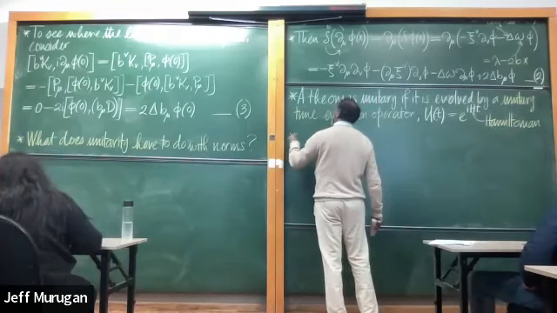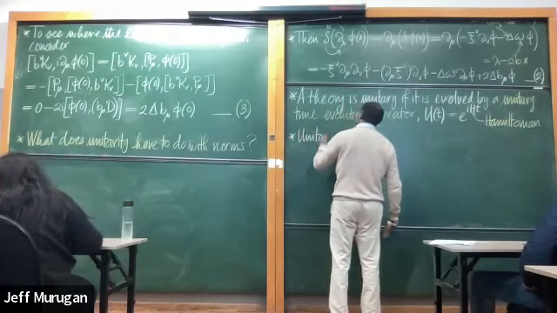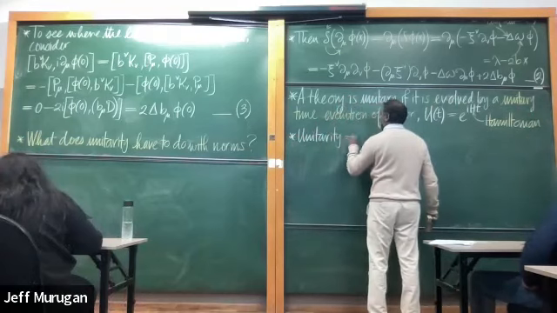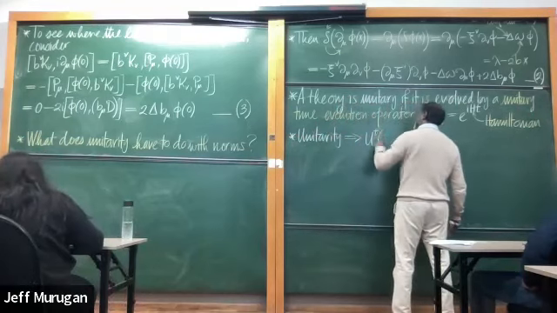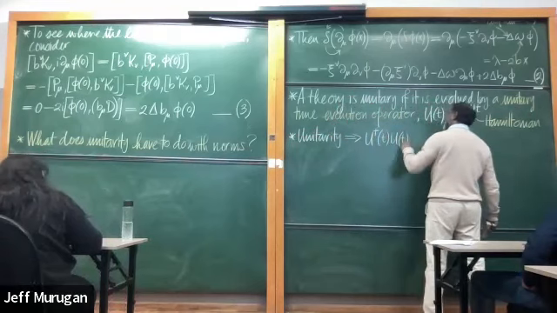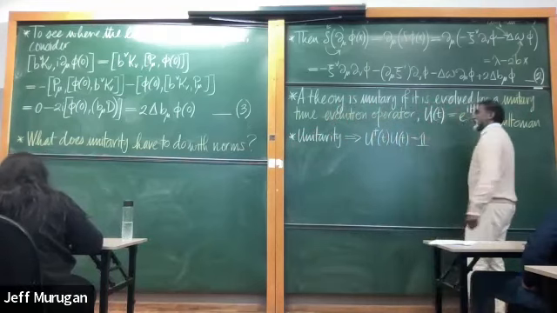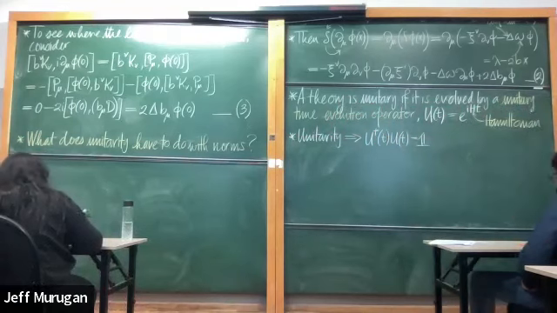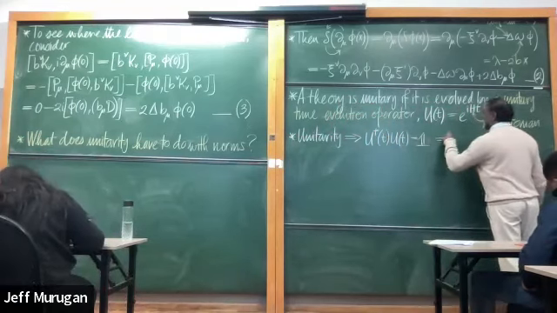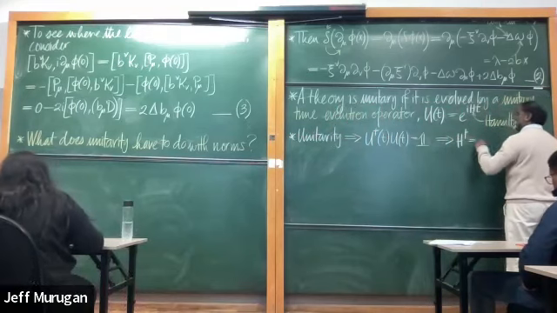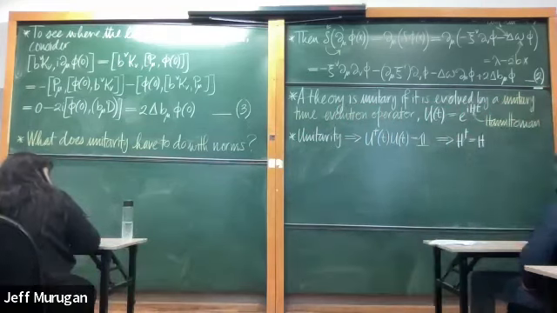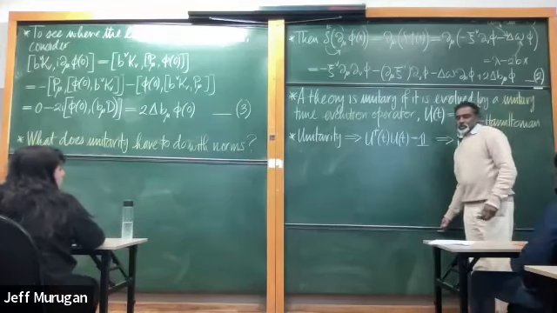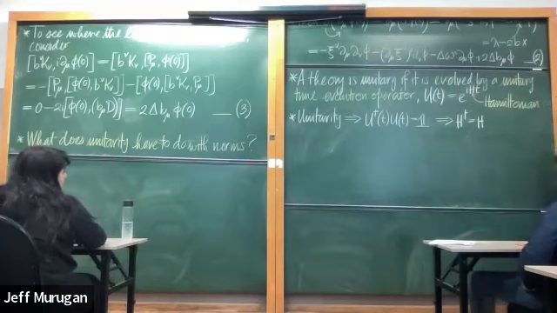So unitarity means that U dagger of t, U of t is the identity, right? And this in turn means that the Hamiltonian must be Hermitian.